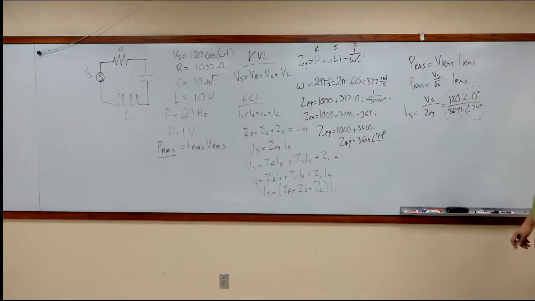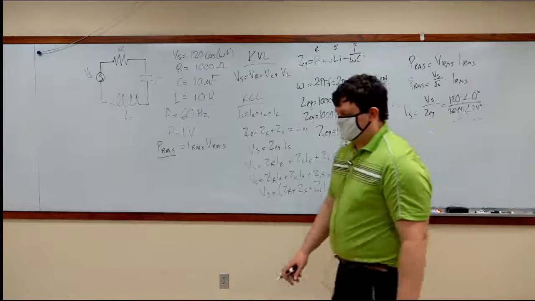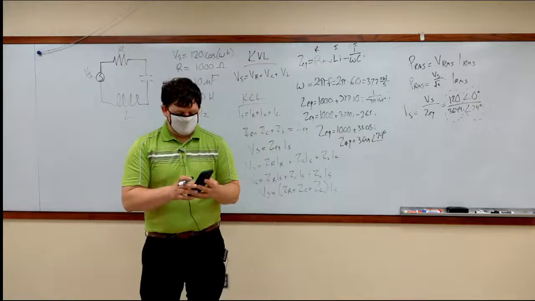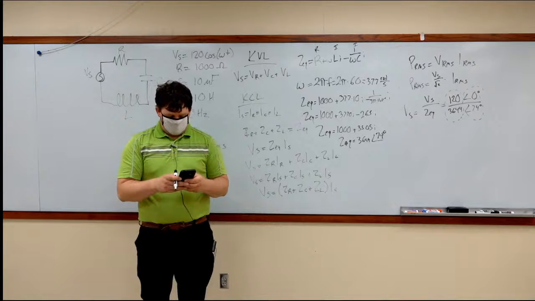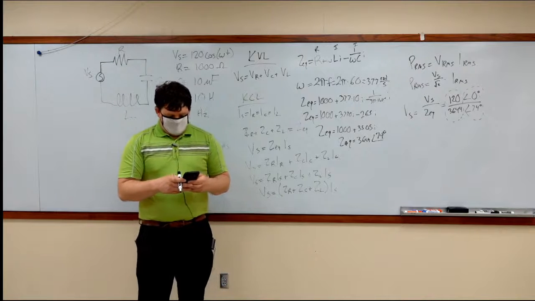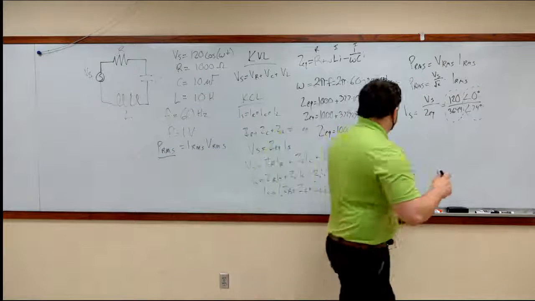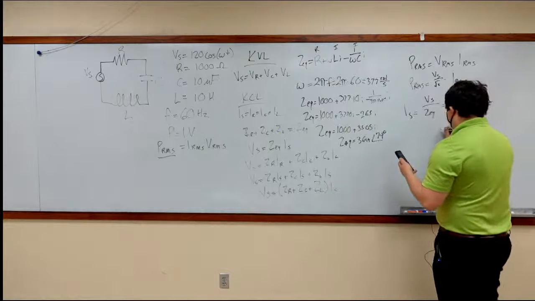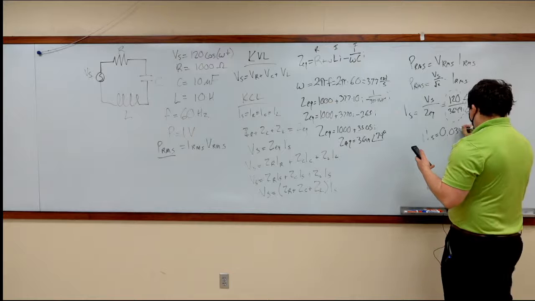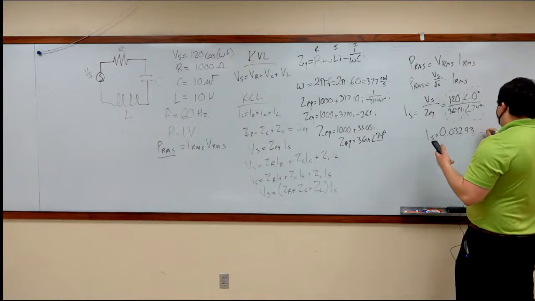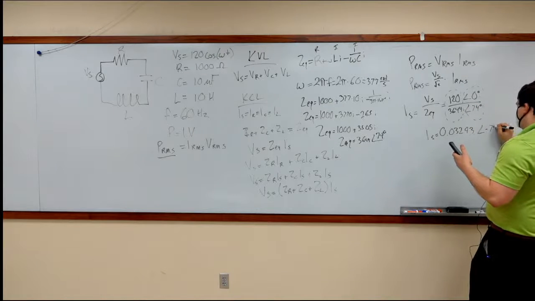Okay, so 120 divided by 36.44 is equal to, IS is equal to 0.03293 at an angle of negative 74 degrees.